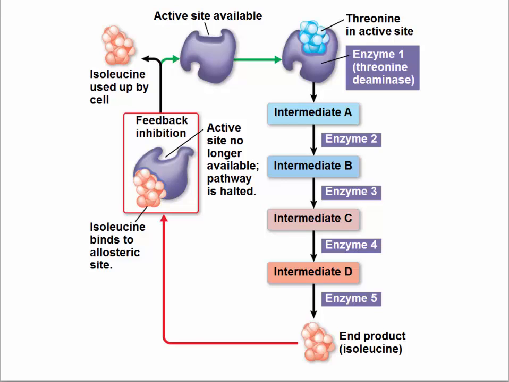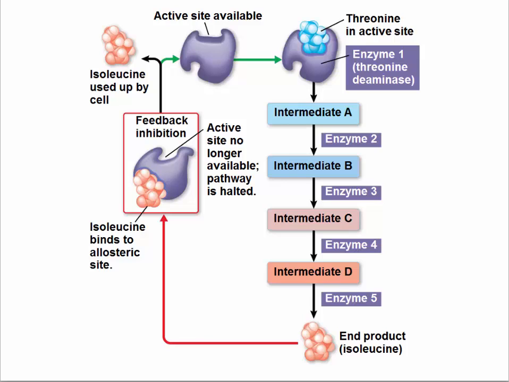And then it forms an intermediate complex, A, B, C, D, and in the end you get out of threonine, you get isoleucine, which is the end product. But the isoleucine is actually going to bind to the same enzyme in an allosteric site.